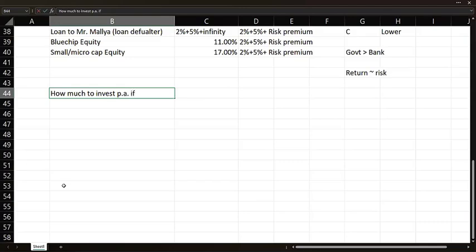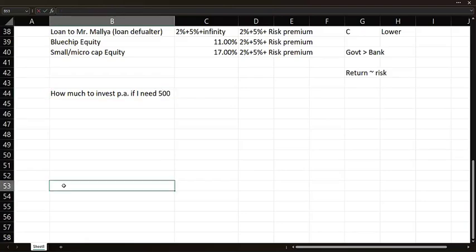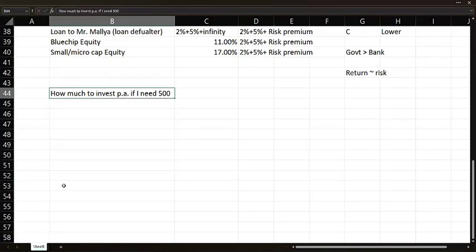And I need to accumulate, let's say, 5 crore rupees. So that would be 500 lakhs. Let me just write down 500 here. You can give me the answer in lakhs. So I need to accumulate 500 in a period of 5 years, that is, at the end of year 5.